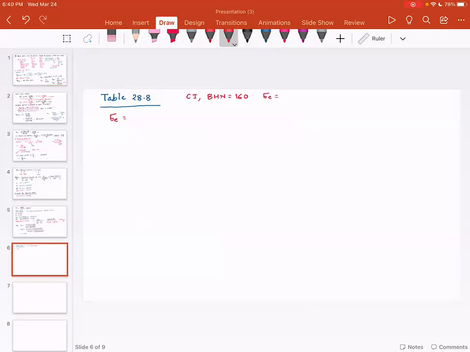What is the value of flexural endurance limit? So I'll pause here for a minute, and this is an important exercise. Just go to table 28.8, see cast iron, Brinell hardness number 160, and find out the value of sigma E. And please use chat window and tell me what is the value.